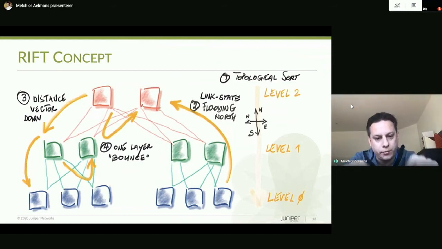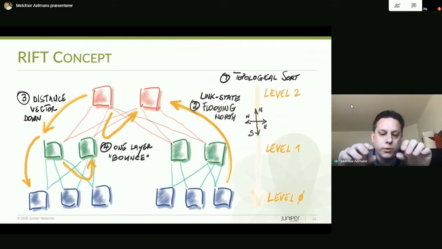The other way around, the green and the red boxes in this picture know only the routes which are southbound of them. Even the green boxes know the more specific routes of the blue boxes, but up they only see a default route. And so this scales very well. Here you see just 3 levels, but this would scale up to 5 or maybe even 7 layers if needed.